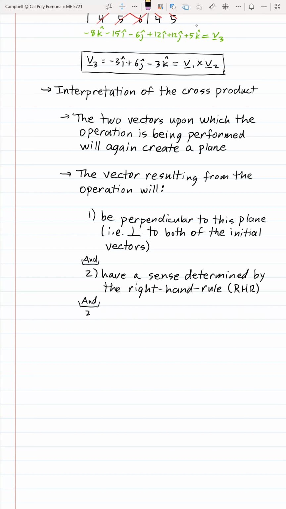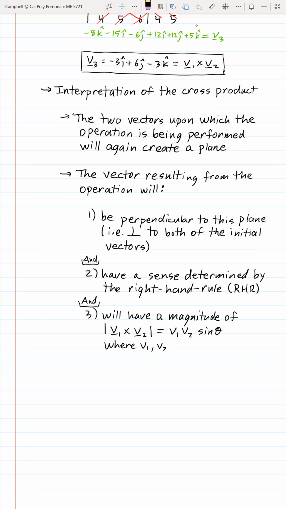And 3 will have a magnitude of magnitude V1 crossed into V2 is equal to V1 times V2 times sine theta, where V1, V2, and theta are defined the same.